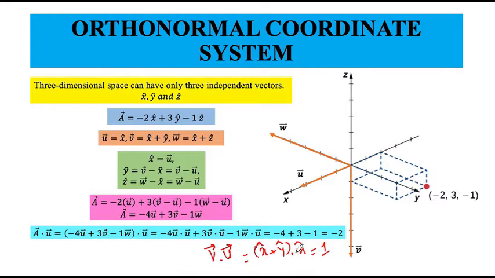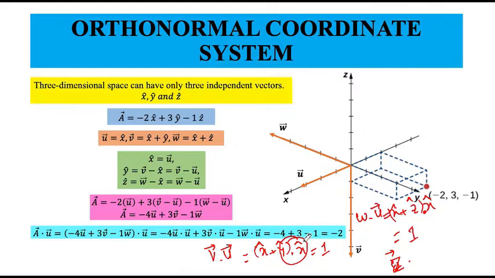As we know, in the dot product of two vectors, one vector with itself gives 1, and with another perpendicular vector it is 0. Similarly, w dot u hat will give you x hat plus z hat dot x hat, so it is again 1.